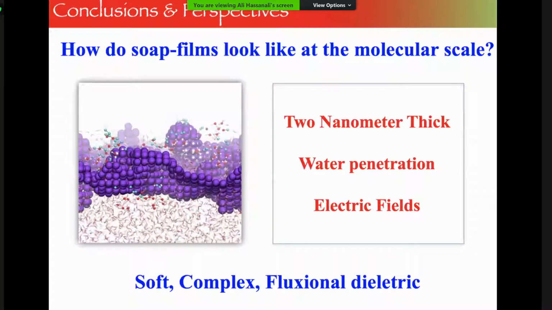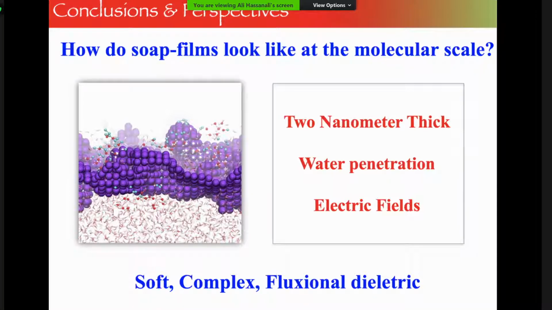So let me conclude. Essentially, the goal of my talk was to ask the following question: how do soap films look at the molecular scale? What I've tried to show you is that these soap film interfaces are extremely complicated, and there are 3 important things that you should take away from it.